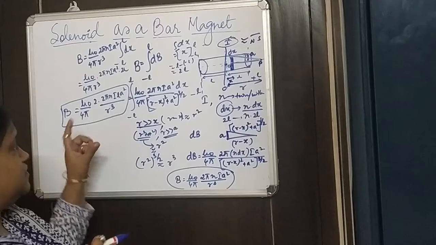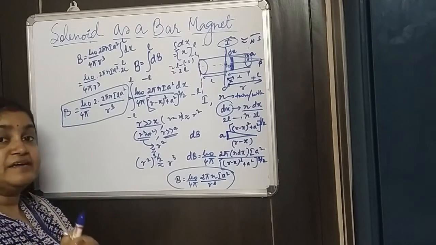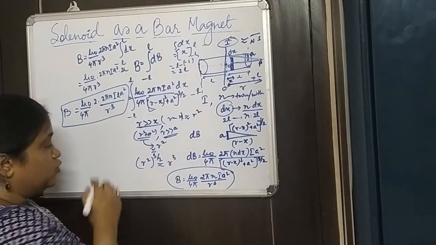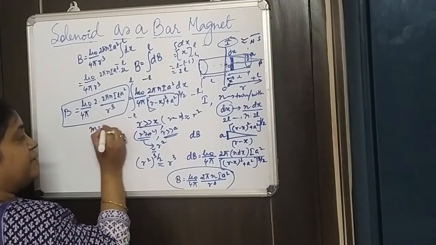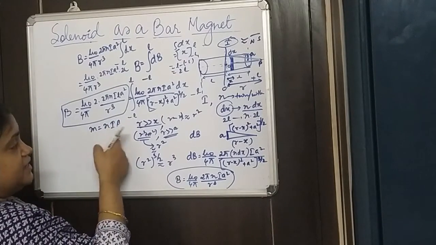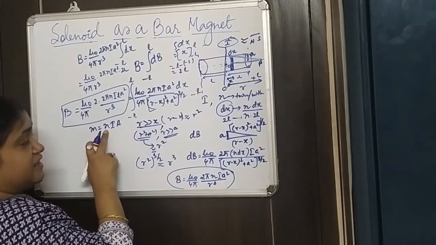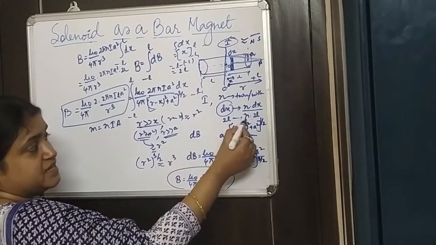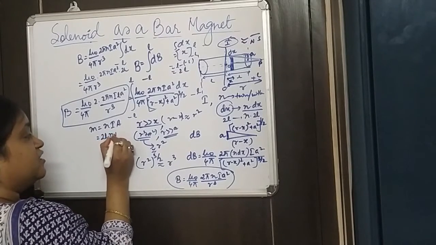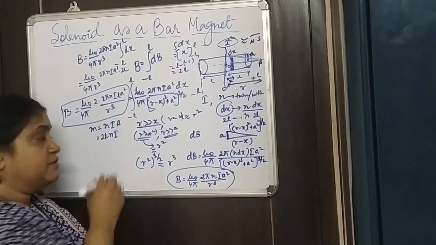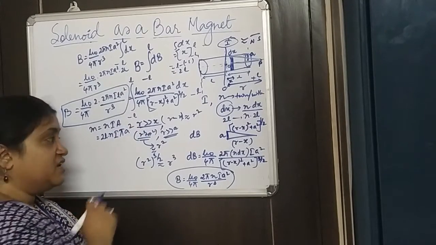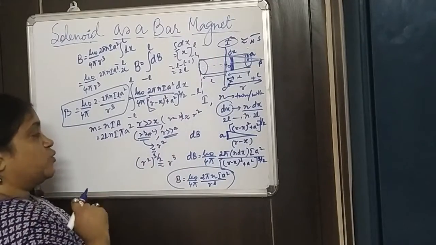Now if you see it from the magnetic moment point of view, if you think of them as current carrying loops, then their magnetic moment M will be N I into A, right? Here the N for the whole solenoid becomes n into 2L. So I can write it as 2L into n into I. A is pi into a square, that is the area of the solenoid, which is pi a square, right?